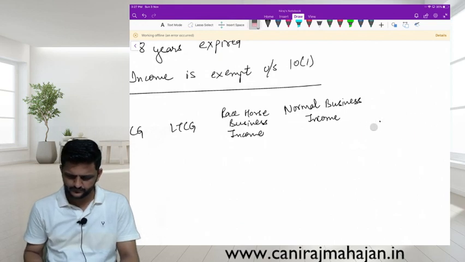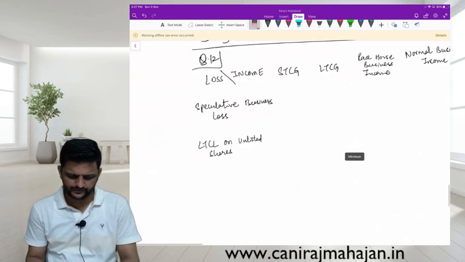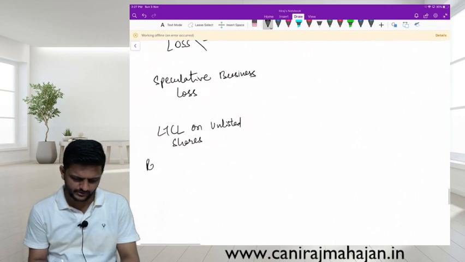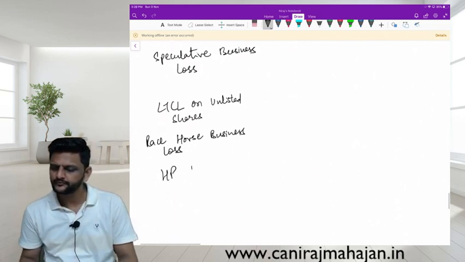And we had HP loss. We have race horses loss also. Race horse business loss, and we have HP loss. Correct?